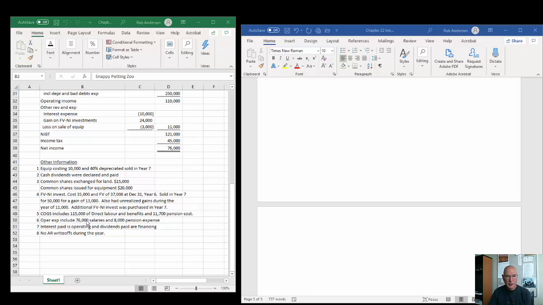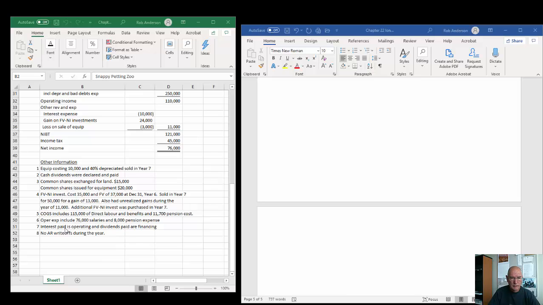Complicating our life a little bit, cost of goods sold includes some direct labor cost and benefits and pension cost, and we're going to have to back that out. Other expenses also include some salaries and pension cost. We also paid interest and dividends.